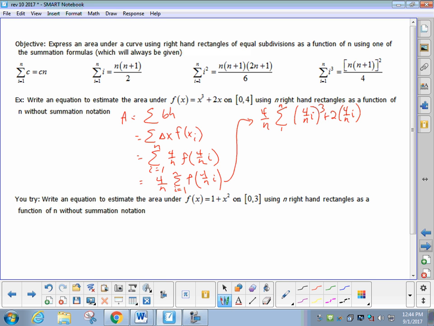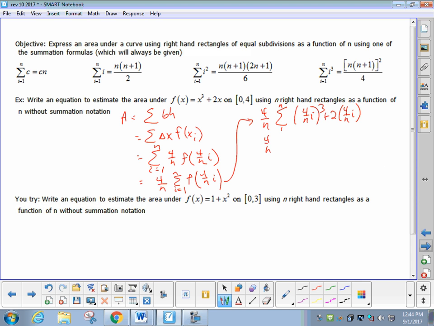Well, obviously it would depend on how many rectangles, and so that's an issue, but there is indeed a formula for the sum of 1 cubed plus 2 cubed plus 3 cubed plus 4 cubed, up to n cubed. There are formulas for that. They're up here. I will always give you them. You do not have to memorize them. But using them goes a little like this.